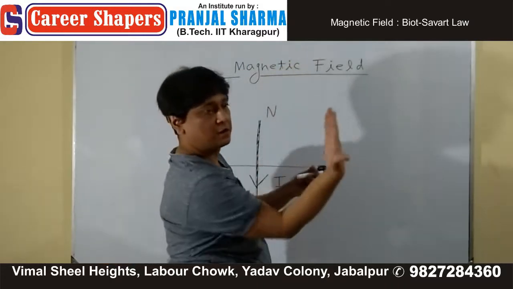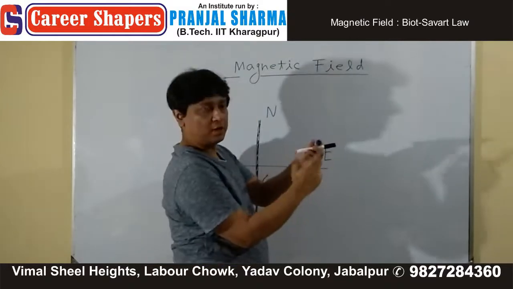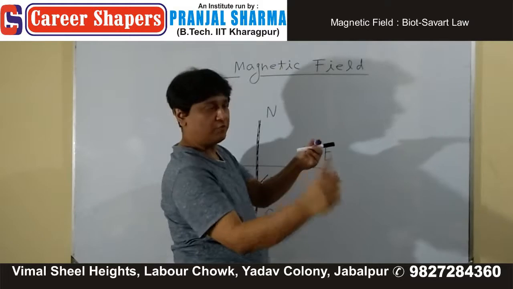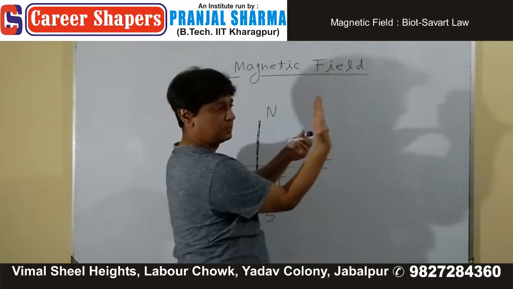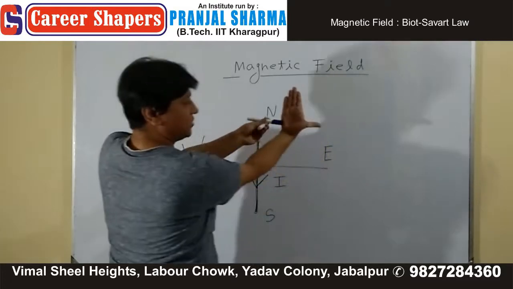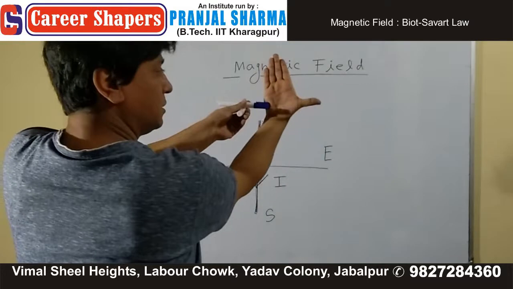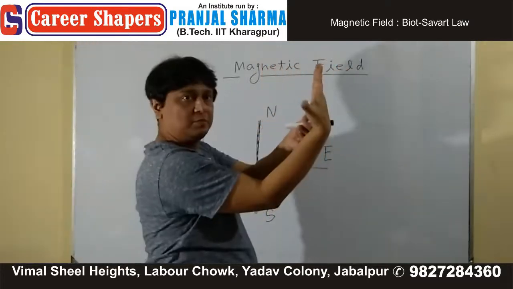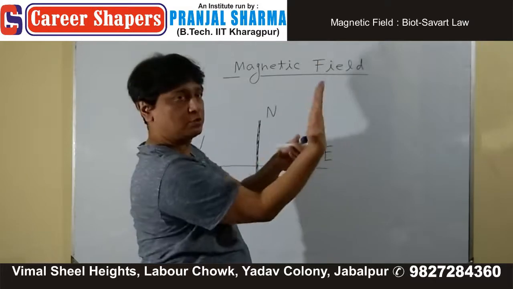Right hand. Right hand thumb should point in the direction of current flow. Look at the alignment if you can. This thumb is pointing from north to south.